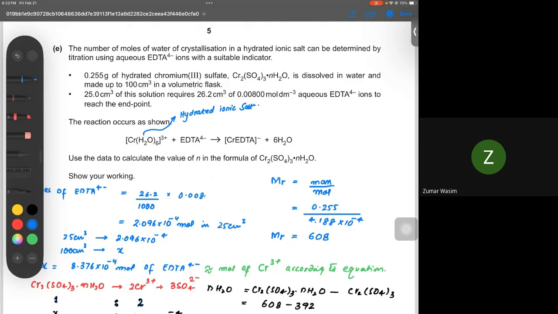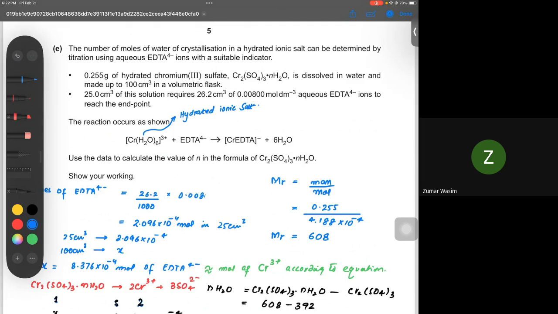I have taken only 25 cm cube of this solution for the titration, and I'm going to react it with 26.2 cm cube of 0.008 mole per dm cube aqueous EDTA4 minus ions to reach the end point. In every titration, you can see the end point by a change in color.